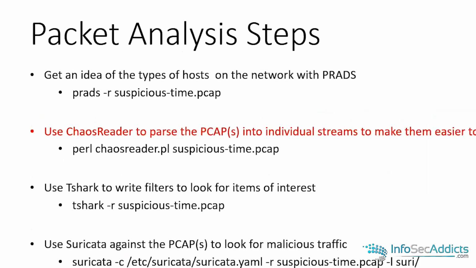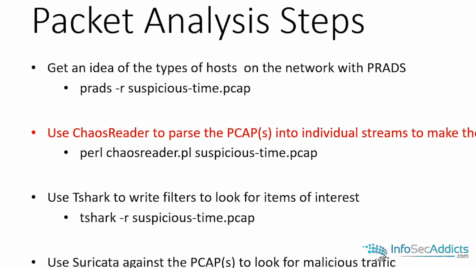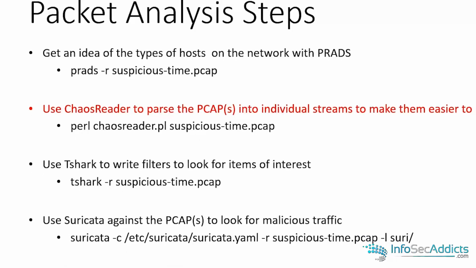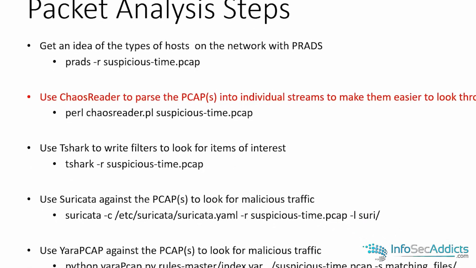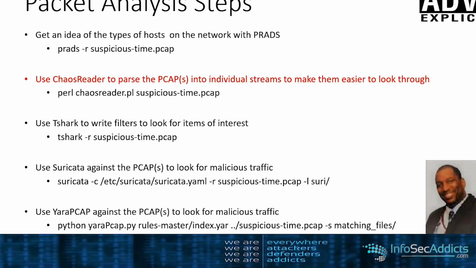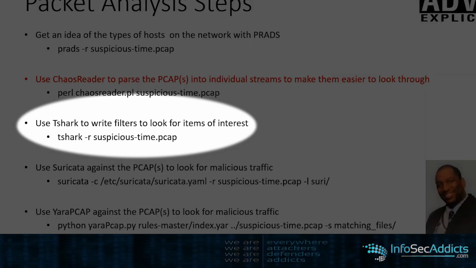Then you run prads, step 1, to get a feel of the types of servers that are out there, type of endpoints, what type of connections they are, host to host, host to web. Then you use ChaosReader to parse that data into individual streams, and let's look for unique host to host communication and where it's going.